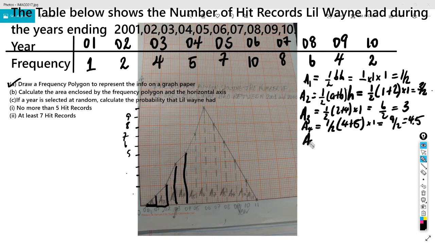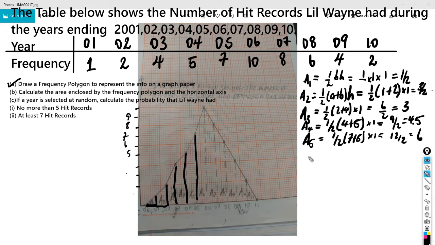And then A5 now is equal to 7 plus 5, right? A half times 7 plus 5 times 1, which is equal to 12 over 2, which is equal to 6. And then let's just move this a bit.